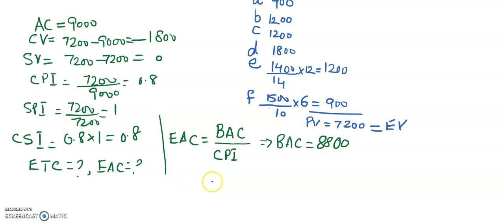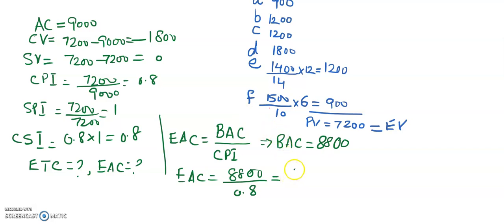So the estimate at completion is equal to 8,800 divided by the cost performance index, which is 0.8. If I divide by 0.8, it is $11,000.